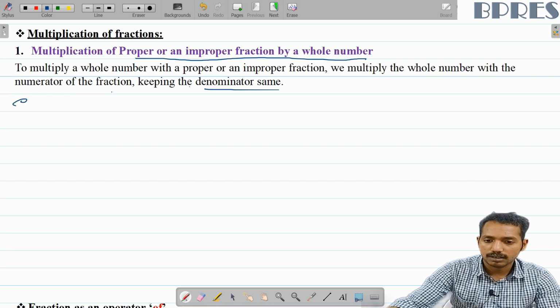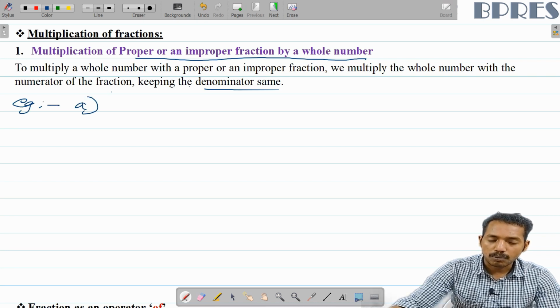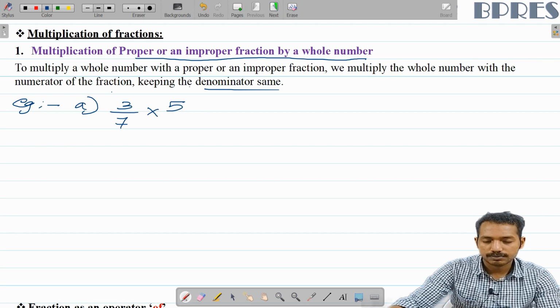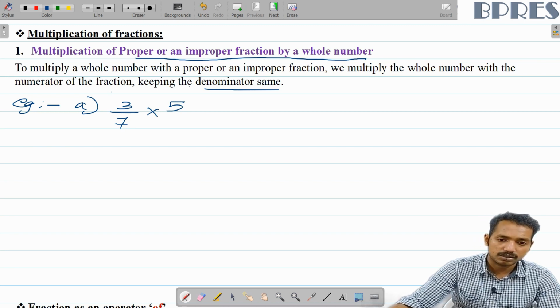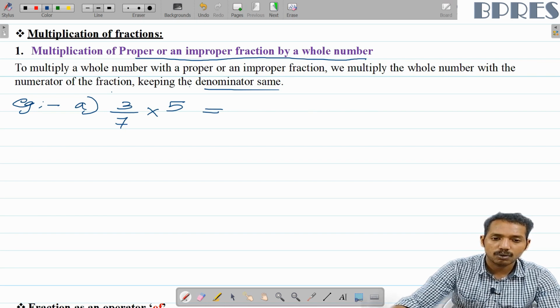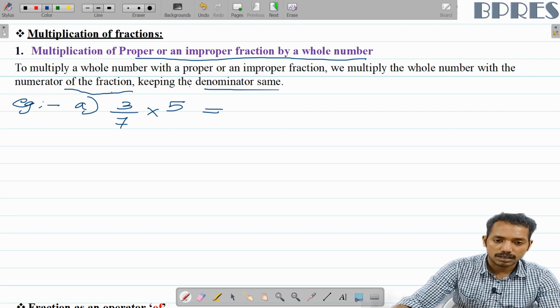For example, the first category I am going to discuss is a proper fraction with a whole number, that is 3 by 7 into 5. 5 is a whole number, 3 by 7 is a proper fraction. So what will we get here? 3 by 7, just multiply the whole number with the numerator of the fraction. That means multiply the numerator 3 with the whole number and keep the same denominator.